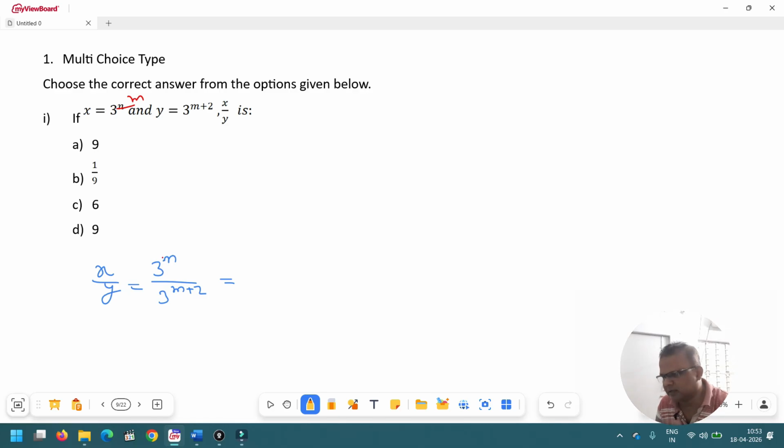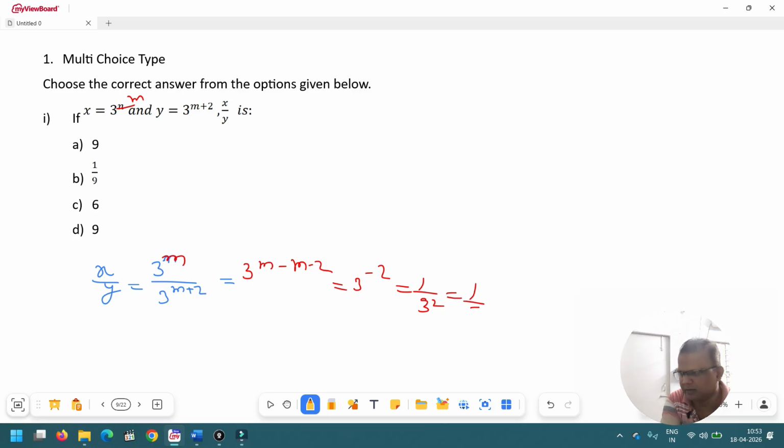Then 3 power m is equal to 1 by 3 power m, minus 3 power minus m minus 2 is equal to 3 power minus 2, is equal to 1 by 3 square, that is equal to 1 by 9. Hence option B is correct. A typing mistake has been done, they typed n.